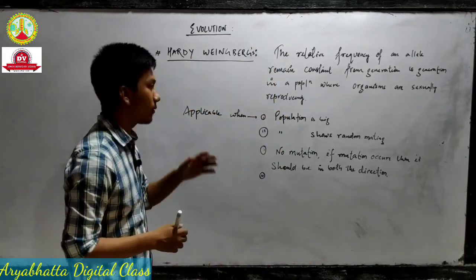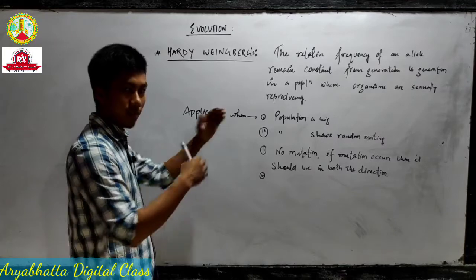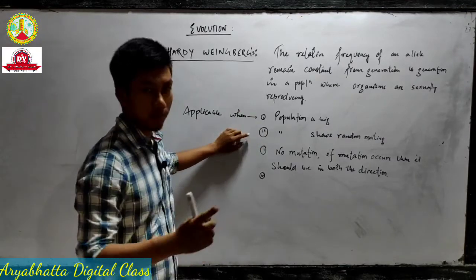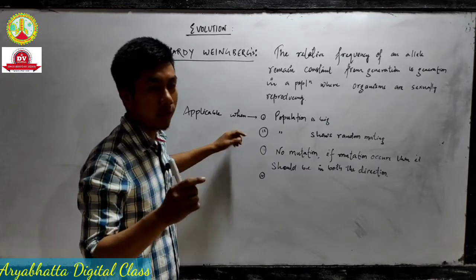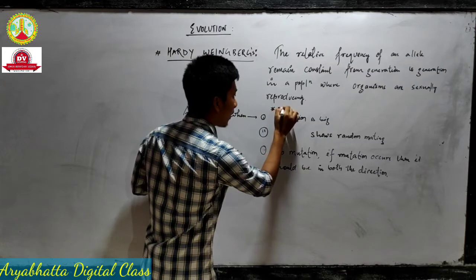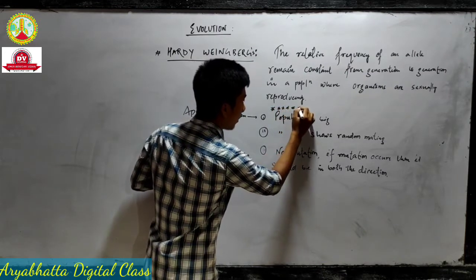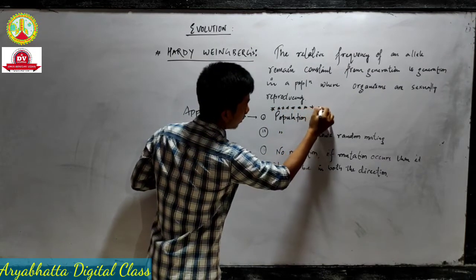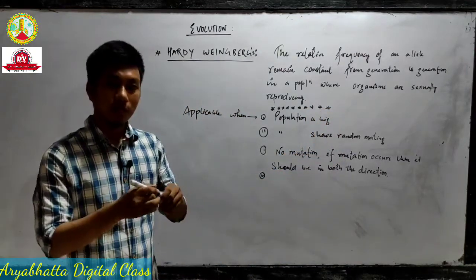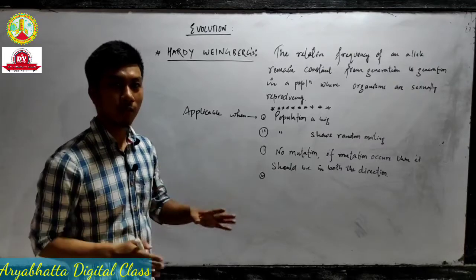What else can we write? So let's revise. This law is applicable only when the population is big. In entrance, this is asked: Hardy-Weinberg equation, it is applicable in, they're going to give you 4 options.